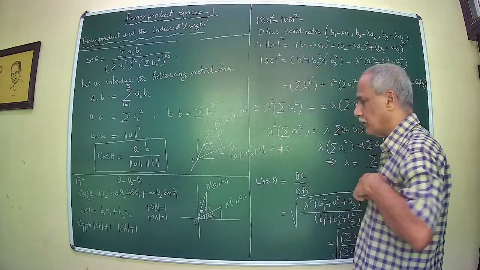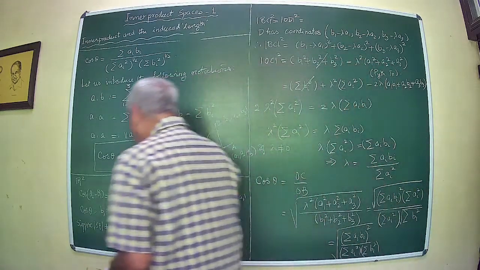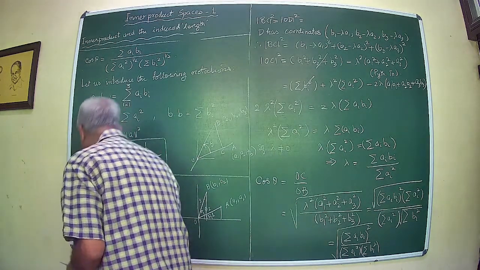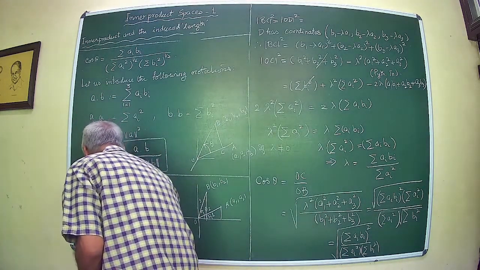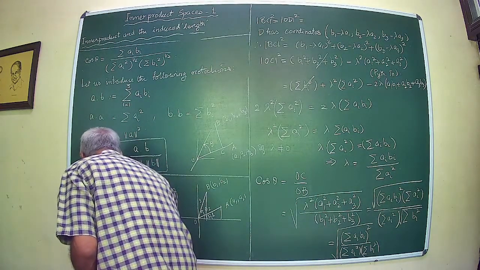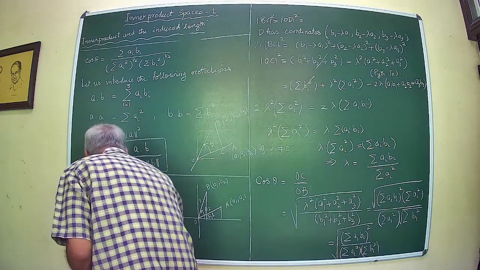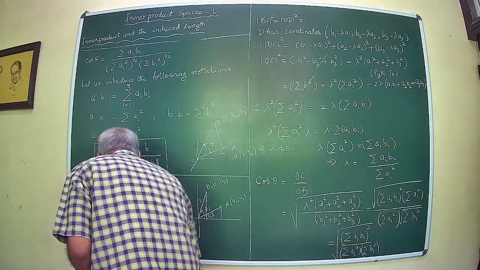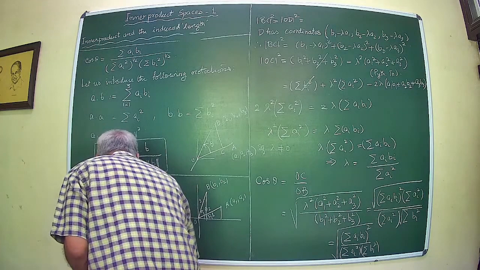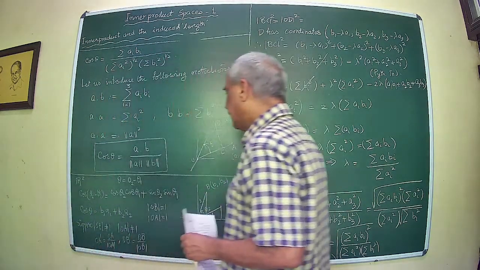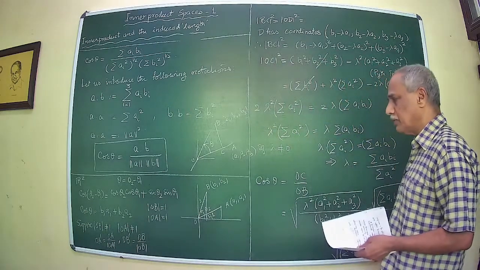In that case, what happens? You can define OA prime to be OA divided by length of OA. In that case we also know what they are.